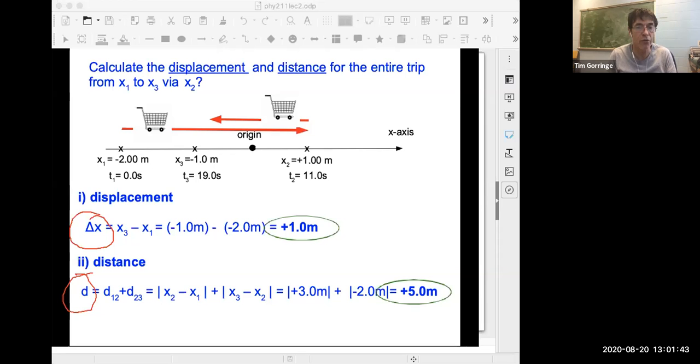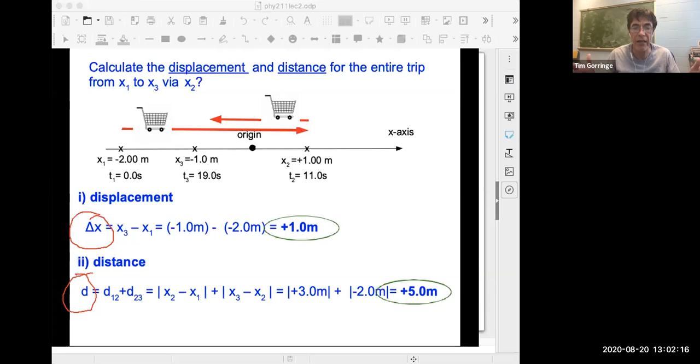Where are the subscripts 1, 2, and 2, 3 coming from? The initial location I labeled as 1. The intermediate location I labeled as 2. The final location I denoted as 3. So those are the 3 distinct locations in my sketch. And when I think about the distance from the initial location to the intermediate, that's between x1 and x2.